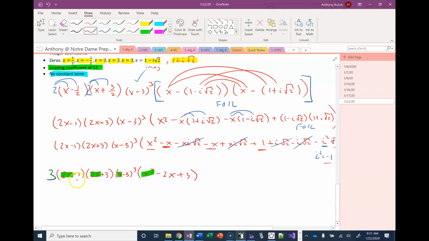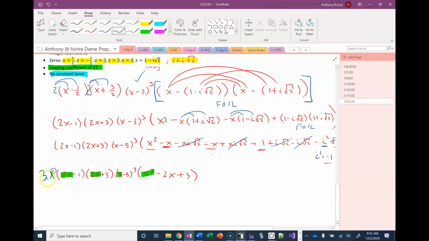It'll be like 3 times 1 times 3 times 27 times 3 again. So I don't know, like 729 or something horrible. Doesn't really matter what the number is. Does anybody remember the way we get rid of the constant term? It's an easy fix. Not divided by x, multiply by x.